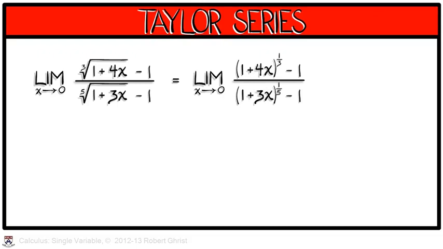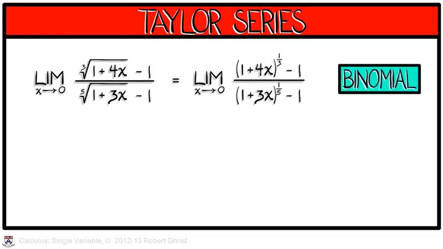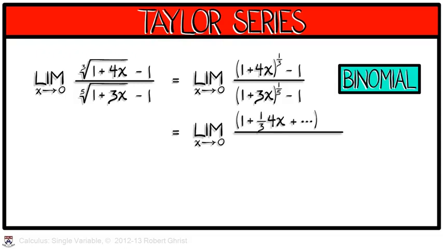Well, rewriting this a little bit allows us to use the binomial series, with alpha equal 1/3 in the numerator and 1/5 in the denominator. Applying that gives us 1 plus 1/3 times 4x plus higher order terms. Subtract 1. In the denominator, 1 plus 1/5 times 3x plus higher order terms.